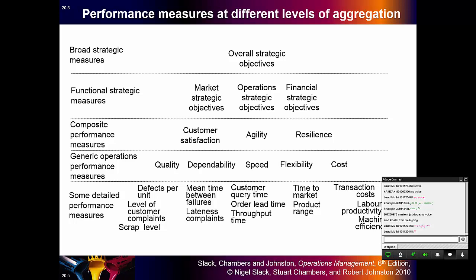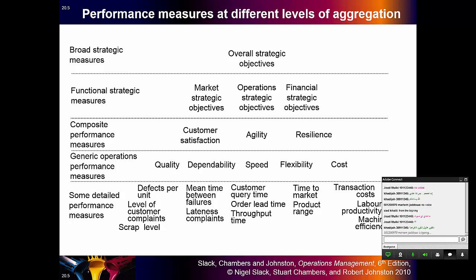Okay, and the final level, which is related to some detailed performance measures, like the defects per unit. This level is related to measuring the 5 generic performance measures.